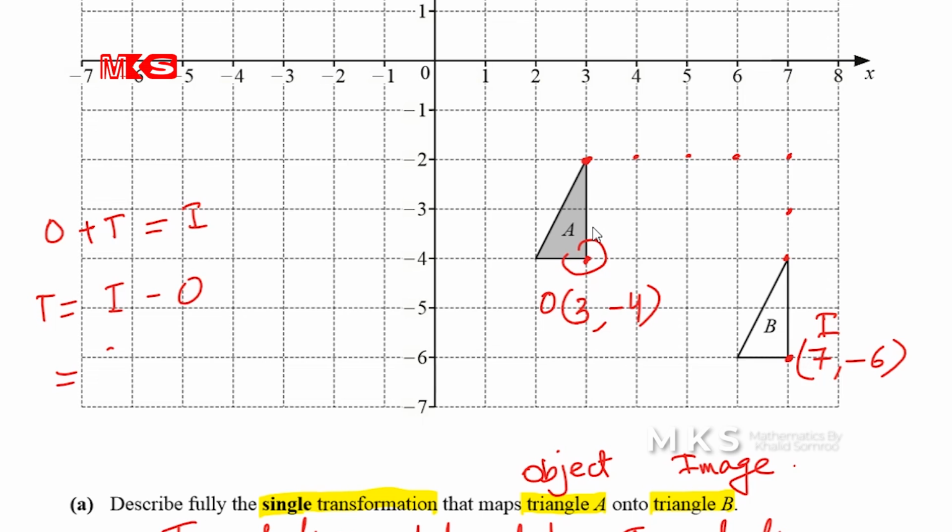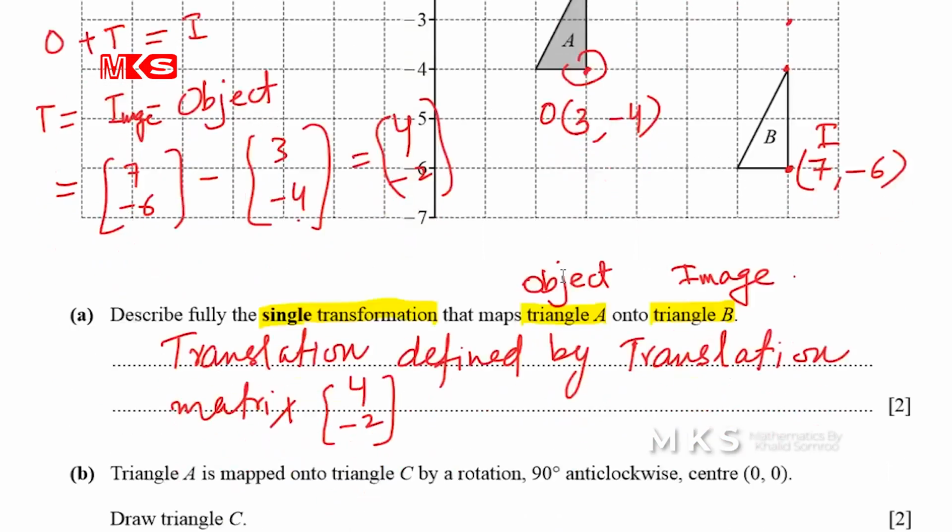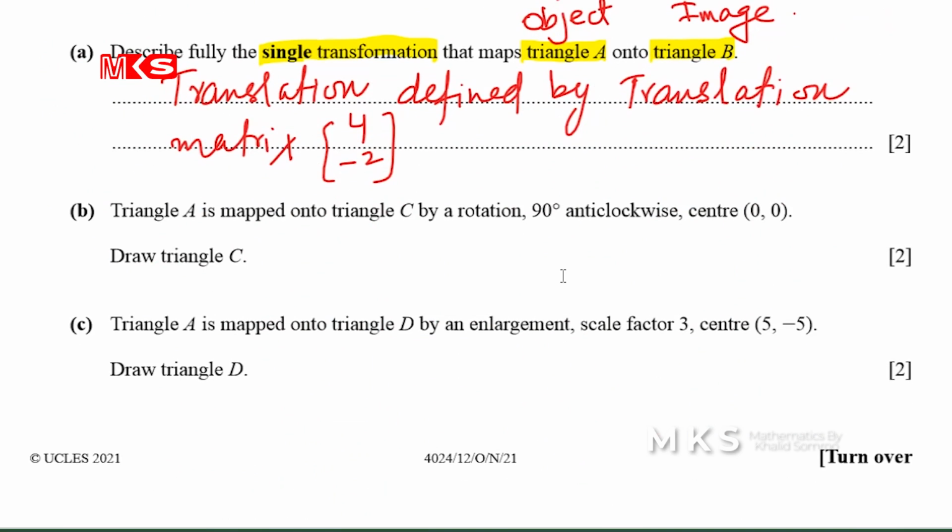Here image is (7, -6) minus object (3, -4). Here O I am using for object, not for origin, and I for image. So 7 minus 3 is 4 and -6 minus -4 is -6 plus 4, which is -2. So (4, -2).